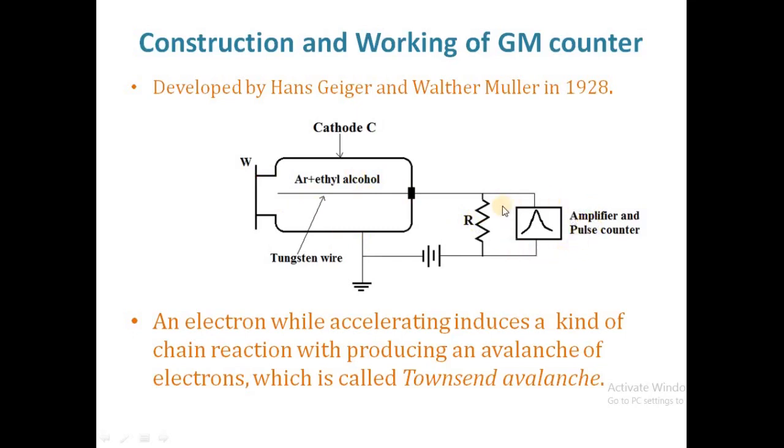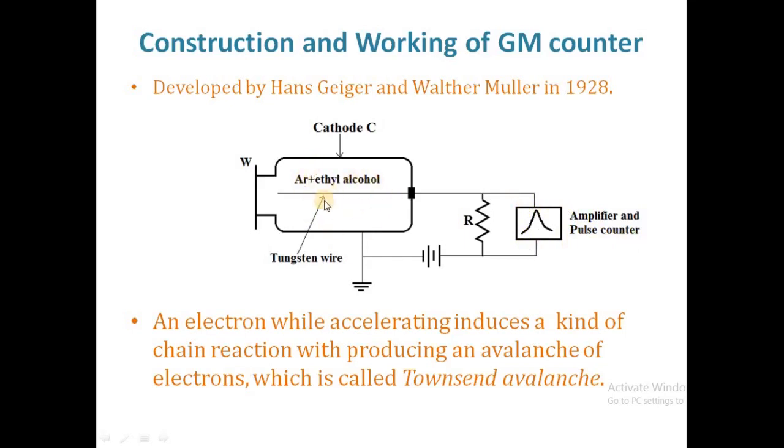Therefore, this metallic cylinder acts as a cathode and the tungsten wire acts as anode. And this is the amplifier and the pulse counter. So whenever the current passes through this particular external circuit, the voltage pulse is recorded here and counted by this pulse counter.